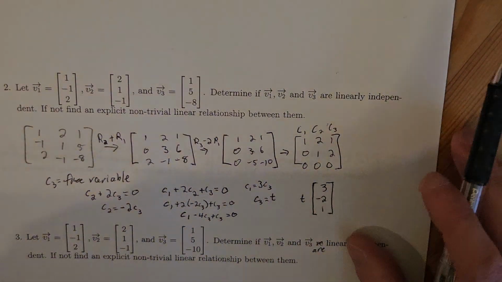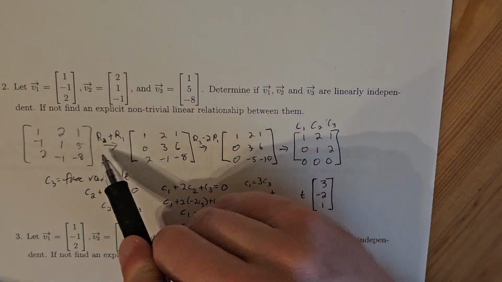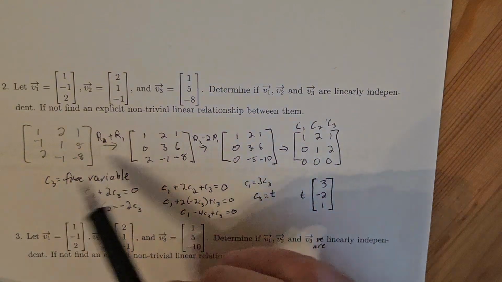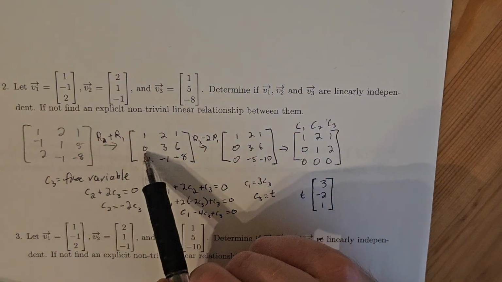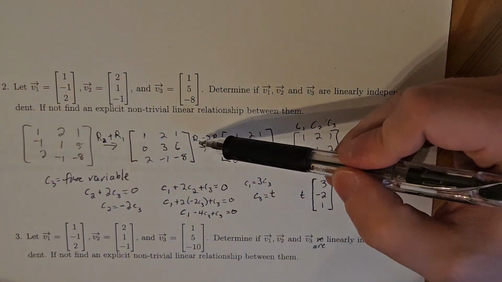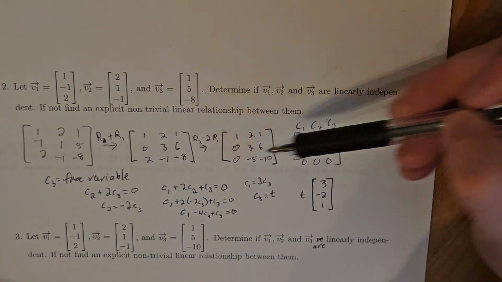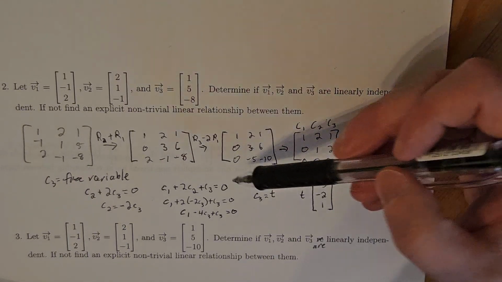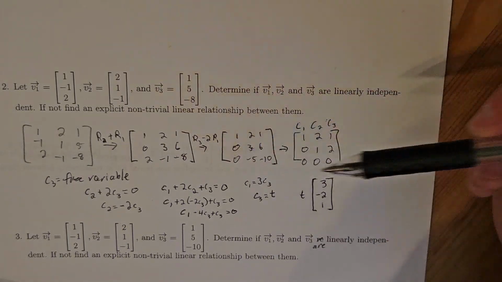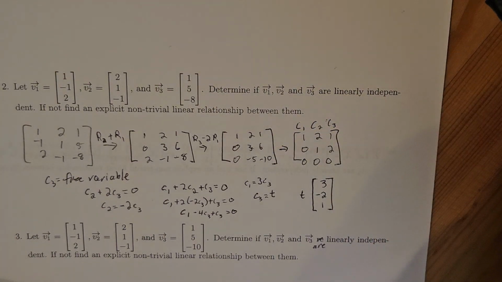The first thing we can do is take R2 plus R1, and row 2 is now 0, 3, 6. Then you can take R3 minus 2R1, and that'll cancel out the 2 in column 1 of row 3. The rest of the row is -5, -10.